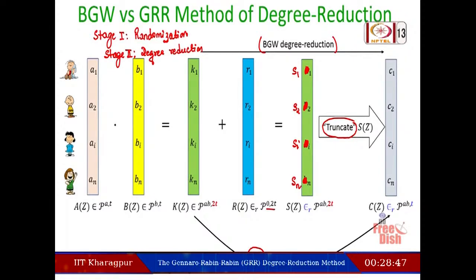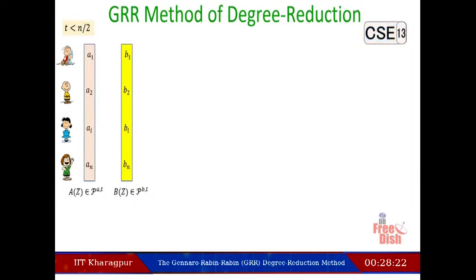If we follow the BGW reduction, we have to interact both in stage 1 as well as in stage 2, but if we combine both stages, the parties need to interact only once, saving both the number of rounds as well as the amount of communication needed.